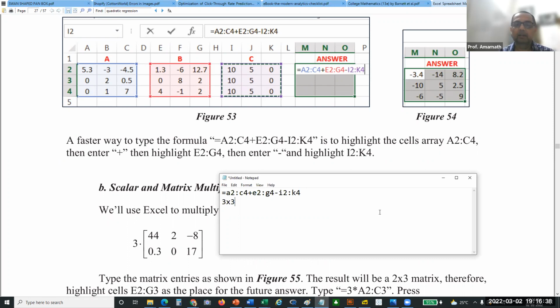So I did a matrix subtraction also. If I put plus here, you get the answer for the addition. Let me also show that. So I did this, took this again. I am showing you.